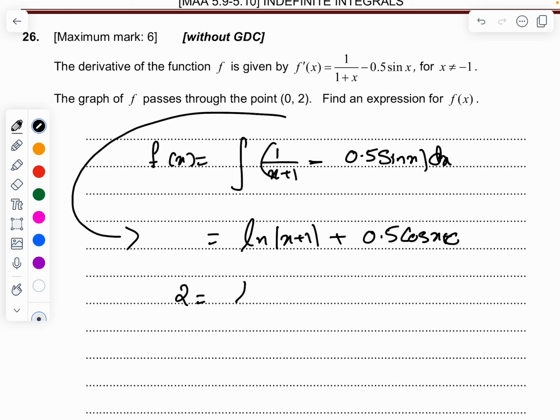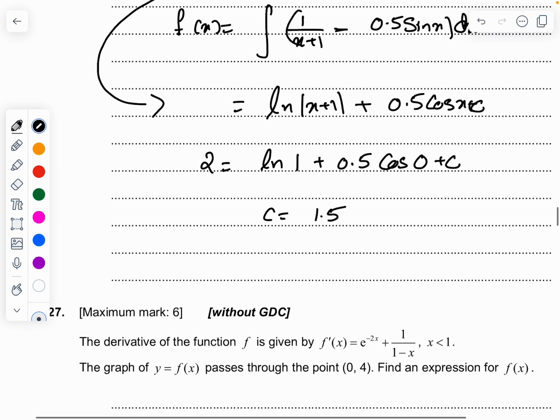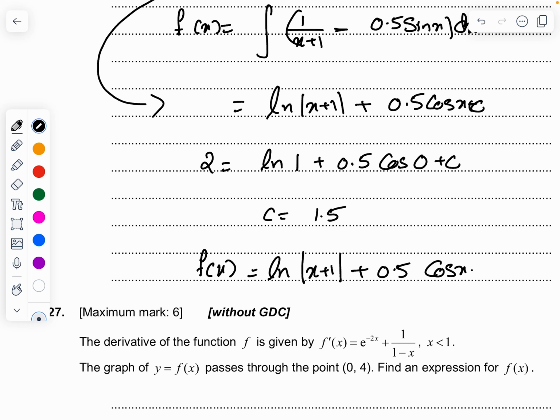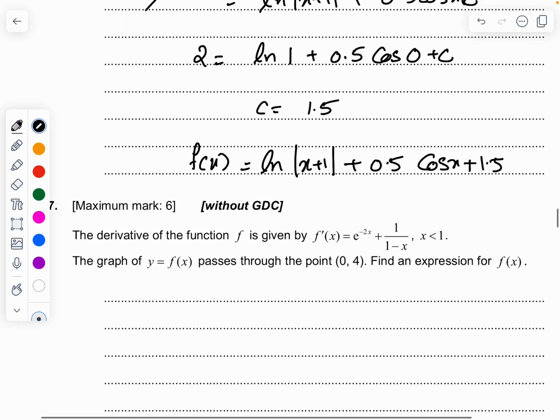So 2 equals ln of 1 plus 0.5 cosine 0 plus c. So this gives me c value as 1.5. So what will the answer be now? f of x equals ln of x plus 1 plus 0.5 cosine x plus 1.5. That's going to be the answer.